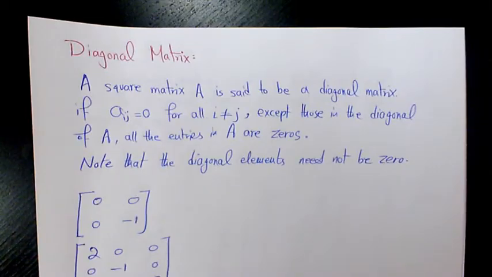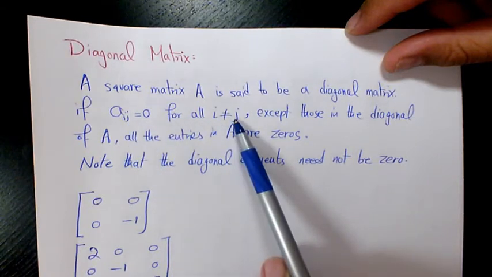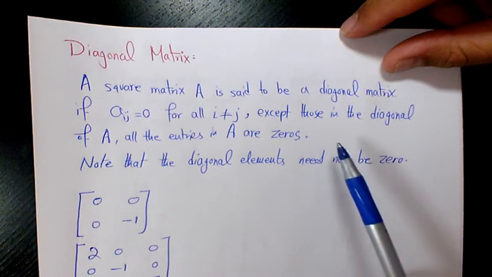Now, what is a diagonal matrix? A square matrix A is said to be a diagonal matrix if all elements are 0 when i and j are not equal, and those on the diagonal are 0 or non-zero.